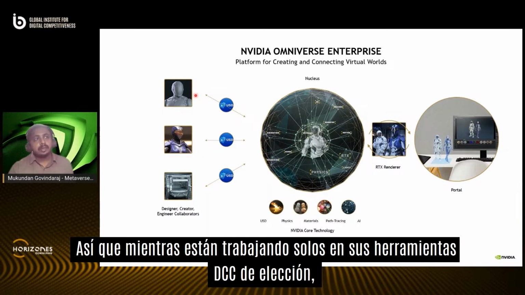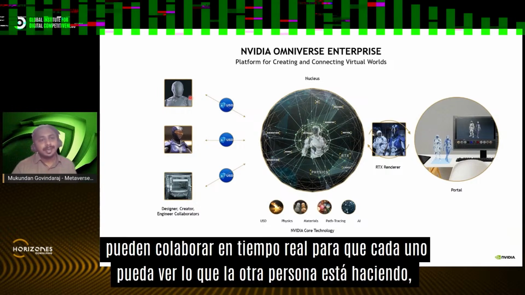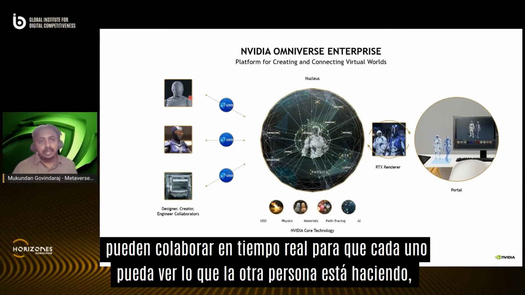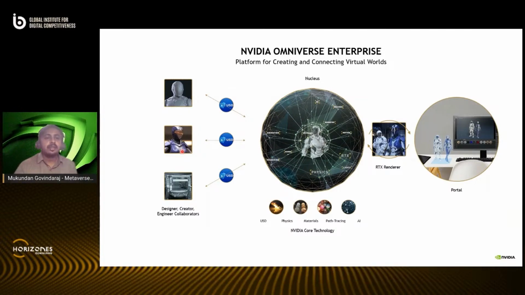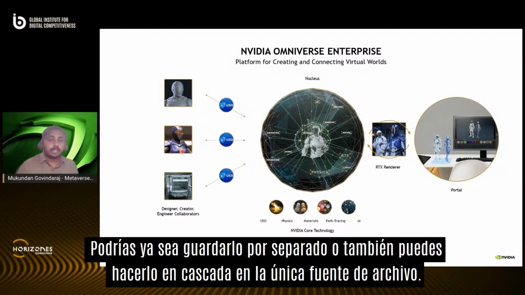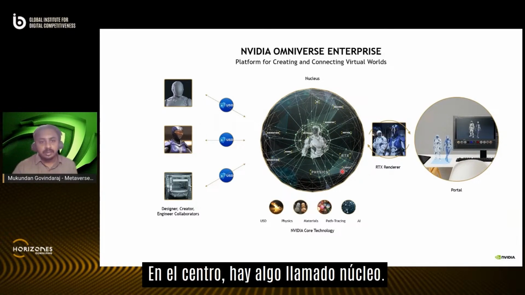While they're working alone on their DCC tools of choice, they can collaborate in real time so that each one can see what the other person is doing, plus whatever changes they're trying to make. Either you can save it separately, or you can cascade it down to the single source file. And in the center, there is something called Nucleus.